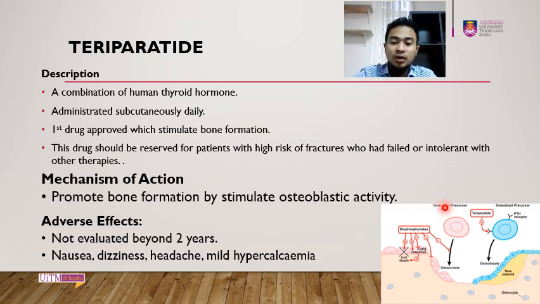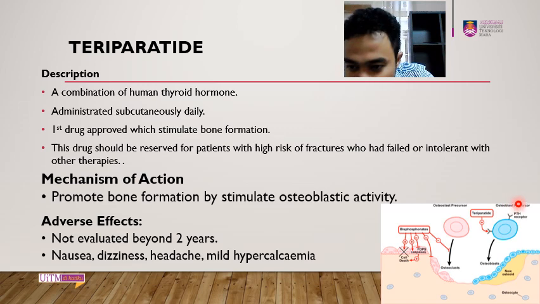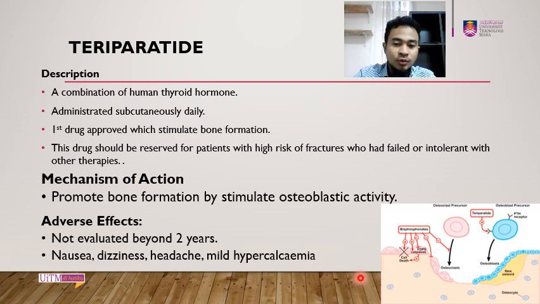You can look at the pictures here, how it promotes it. It acts on the PTH receptor, PTH standing for parathyroid hormone, to make osteoblasts mature and do the synthesis of the bone. So the mechanism promotes bone formation by stimulating osteoblastic activities.